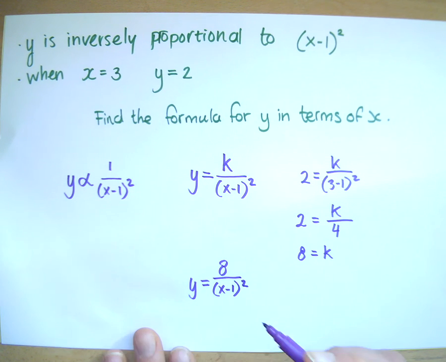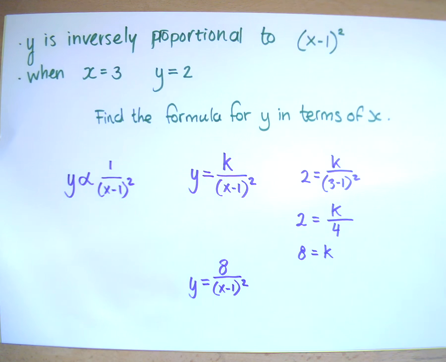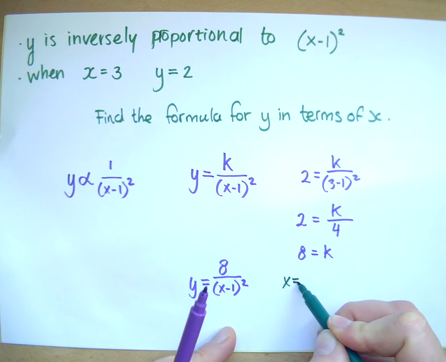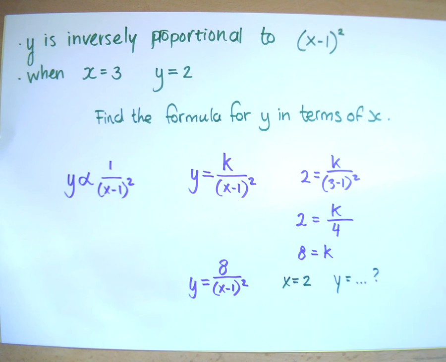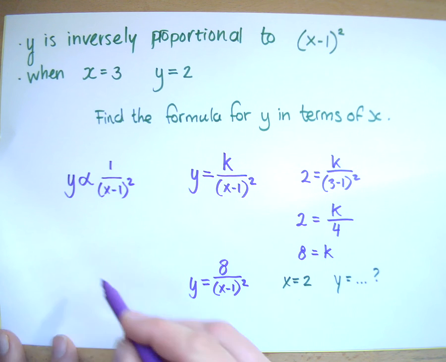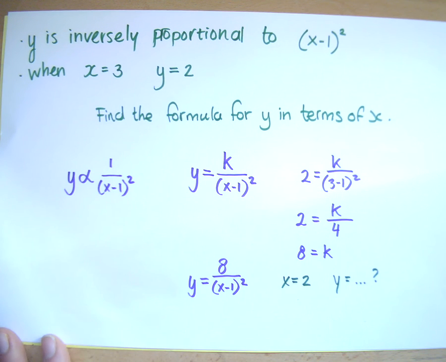y equals 8 divided by x minus 1 squared. So now someone could say, well, what if x is 2? X is 2. What does y equal? What we do is we plug in 2 for x. Let's do that over here because I like to move around in very illogical directions.